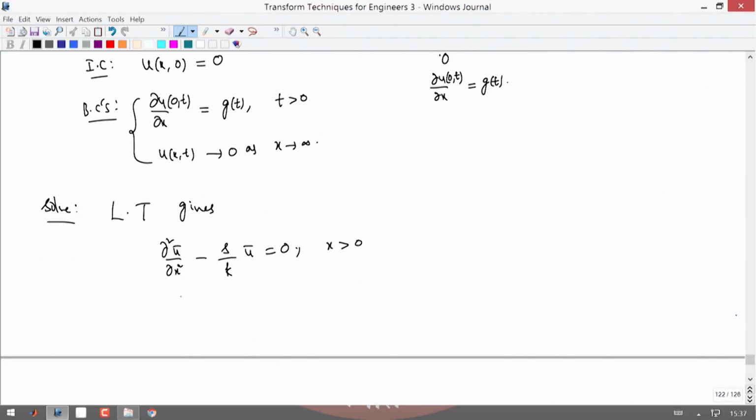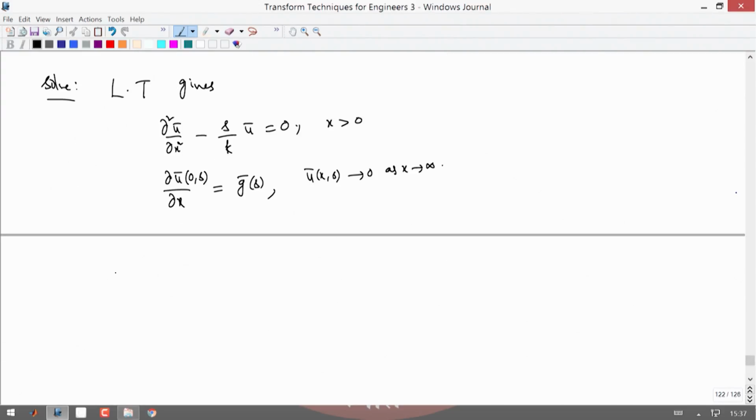The boundary condition, with the transform taken with respect to t, becomes dou u bar of (0, s) by dou x equal to g bar of s at x equal to 0. The other boundary condition is u bar of (x, s) goes to 0 as x goes to infinity.